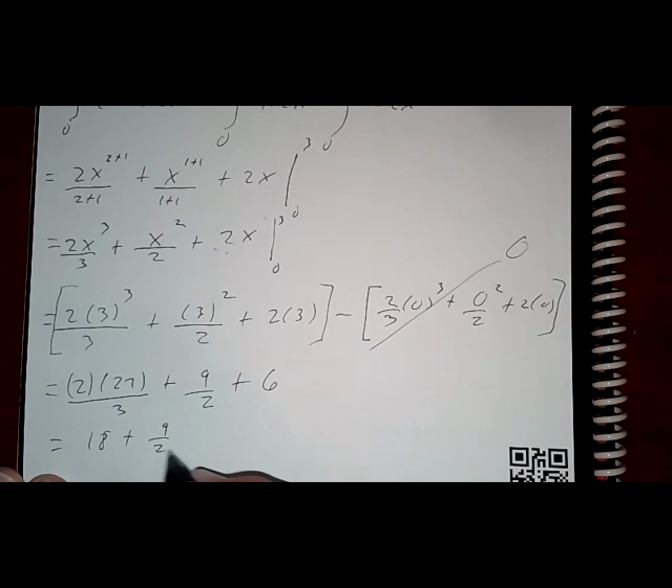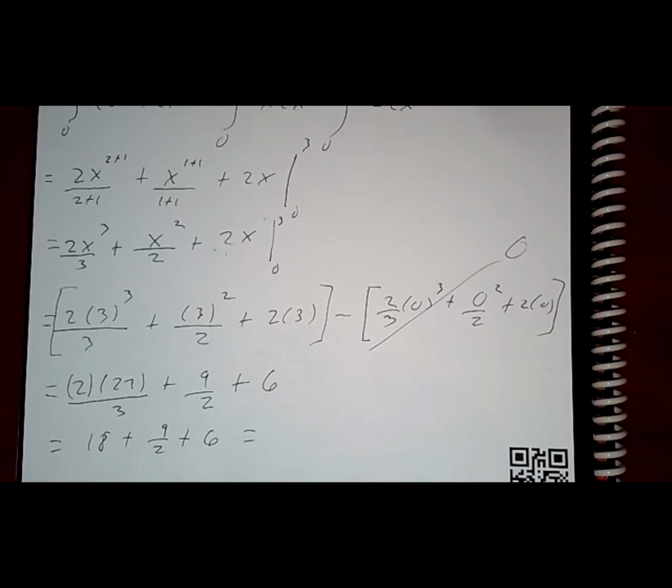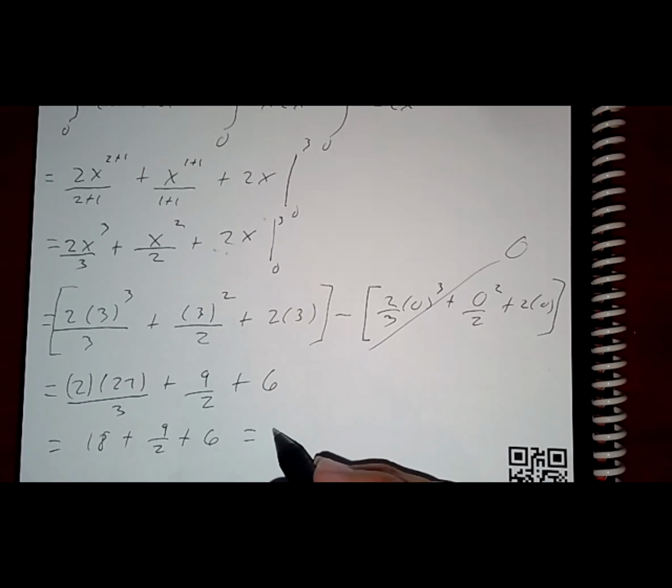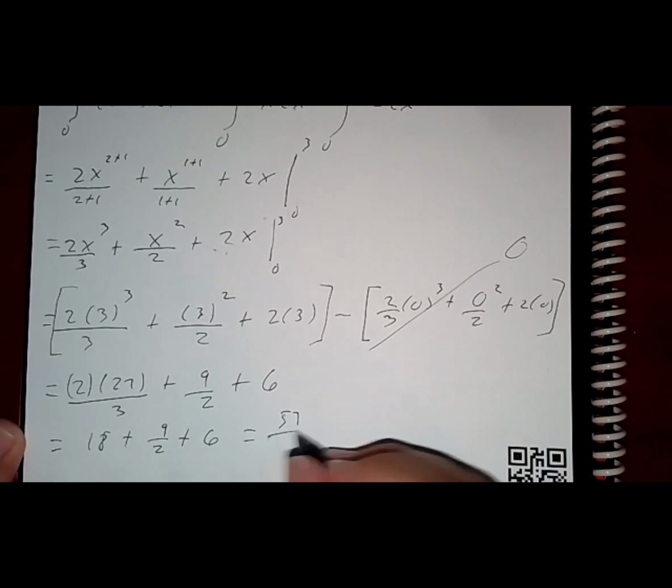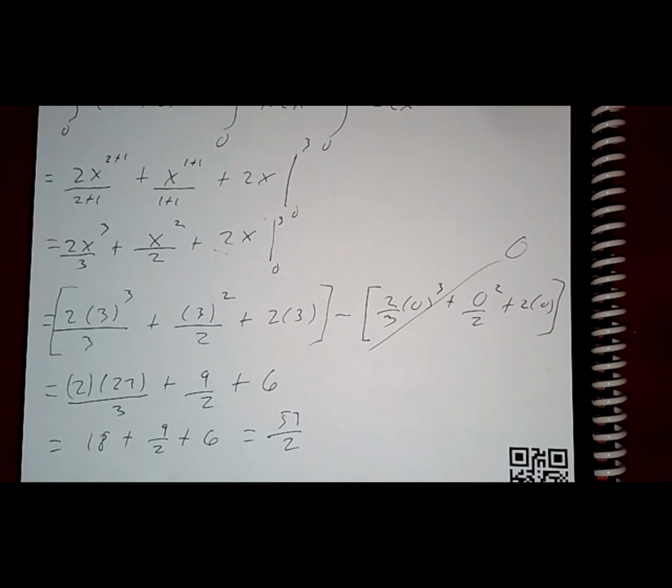Plus 9 halves plus 6. Leave it in fraction form, it's fine. So the area is 57/2.